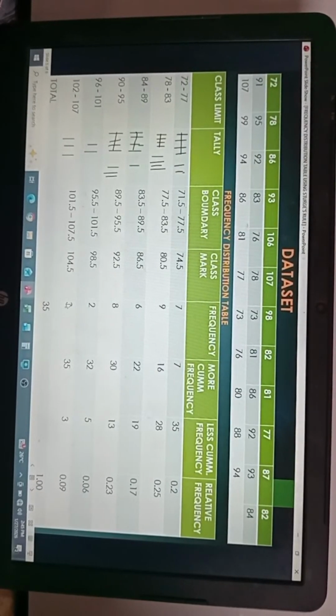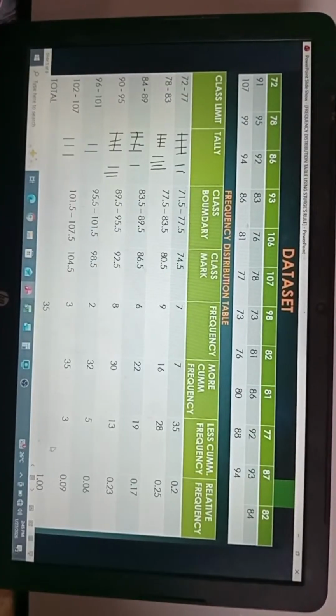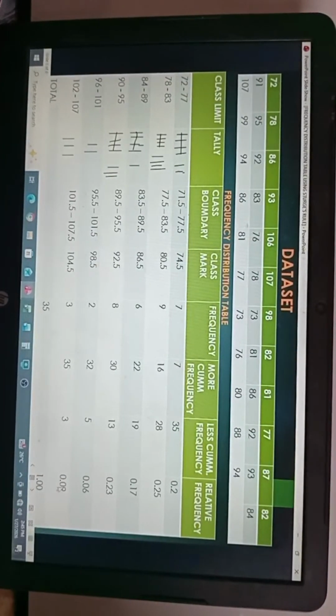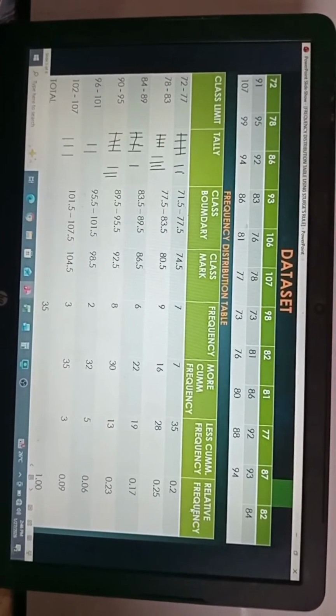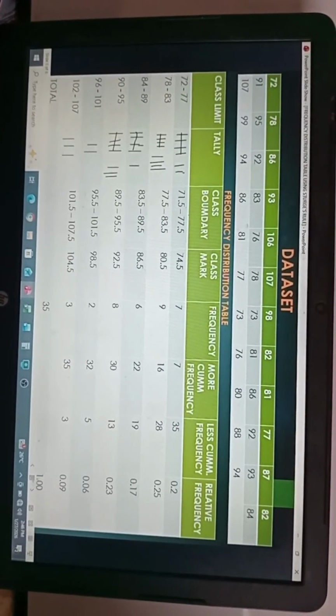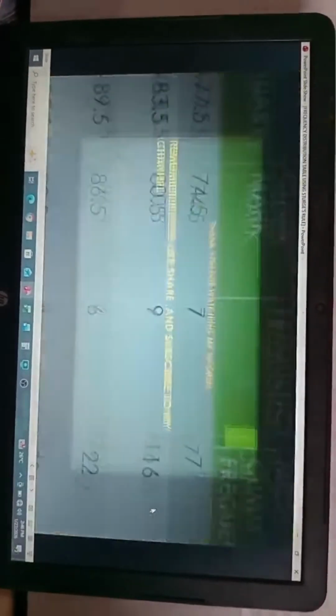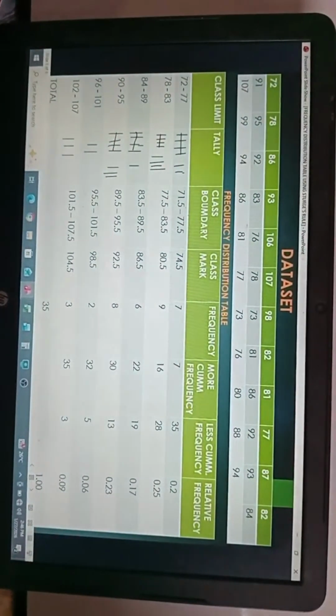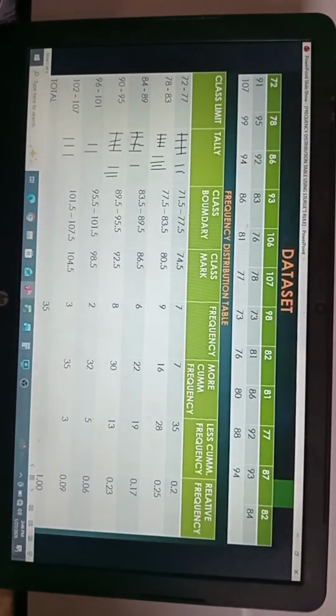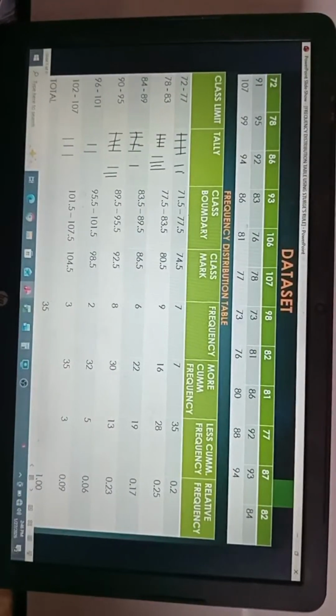And 3 over 35 gives us 0.09. The basic rule is that if you sum every relative frequency together, it is going to give us 1.